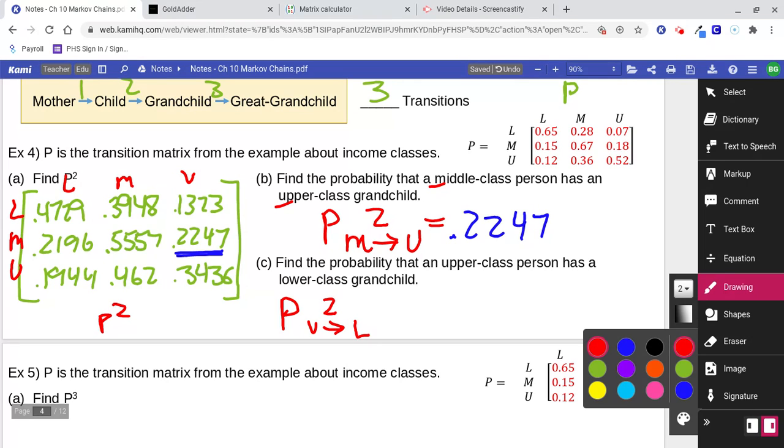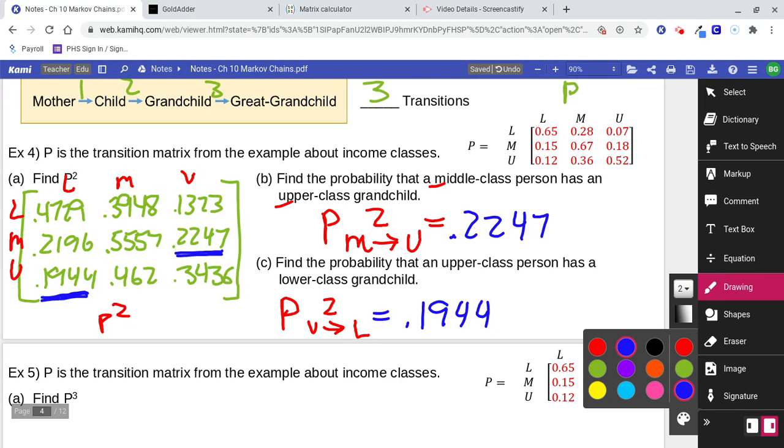So the grandchild is what indicates that it's 2 transitions. So from upper to lower in two transitions is this number right here, 0.1944. Not too bad when you have a matrix calculator. If you had to do that by hand, that'd be kind of rough, all right? But not too bad when the calculator does all the work for you.